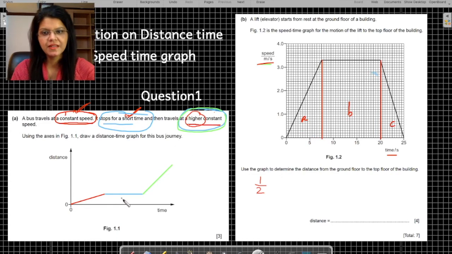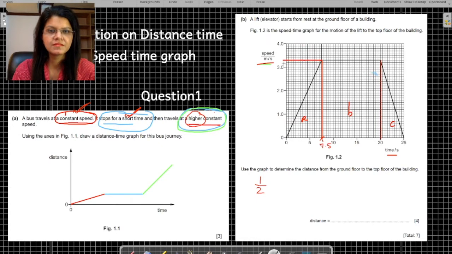If you look closely, this point is your 7.5 mark, and the mark here at the top, look at the scale, you'll understand this is 3 point.